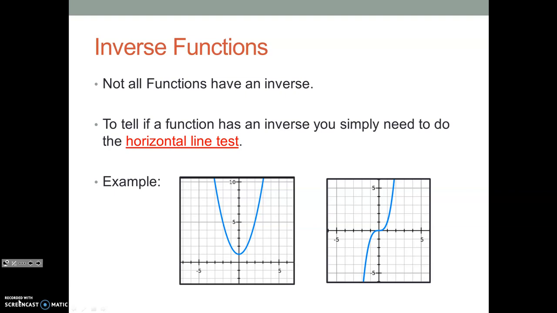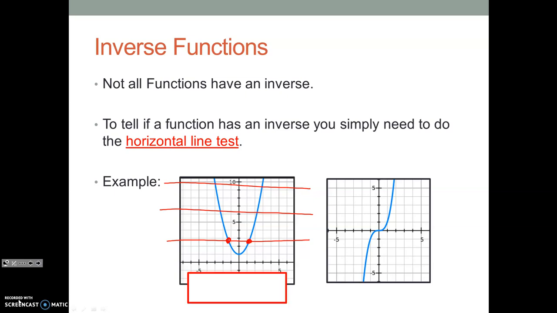So you're going to take your horizontal line and you're going to run it through this graph. Does it ever hit at more than 1 point? Well, yes. You can see here on the parabola multiple times it hits at more than 1 point. So we can say this fails our horizontal line test, which means there is no inverse function.